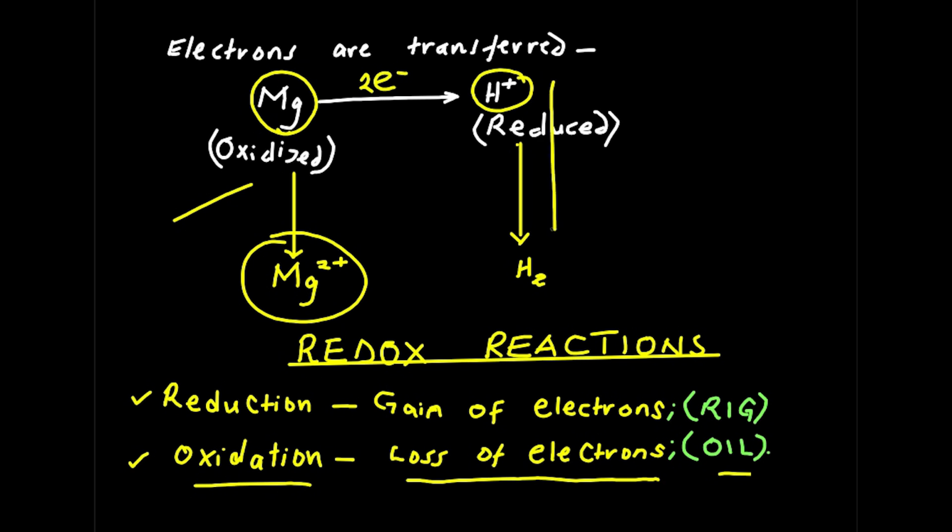On taking the electrons, the hydrogen ions become hydrogen gas. They are said to be reduced, and the process is reduction, defined by simply a gain of electrons. The hydrogen ions are therefore said to have gained electrons to become hydrogen gas, the process being reduction.